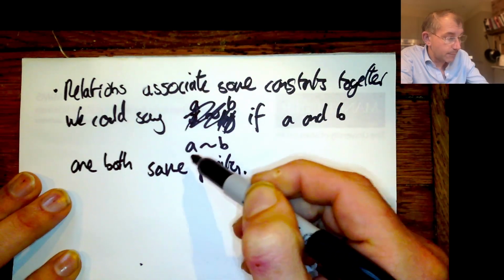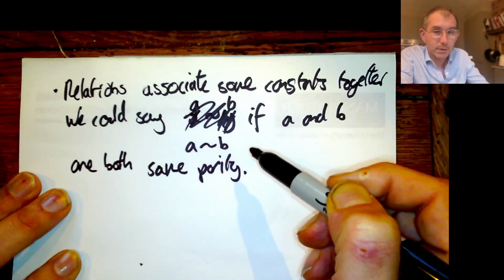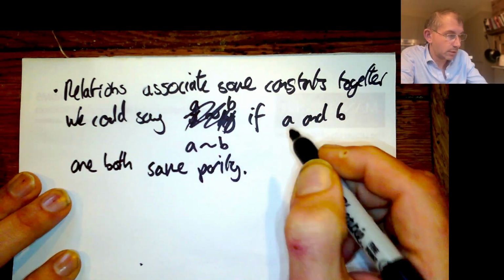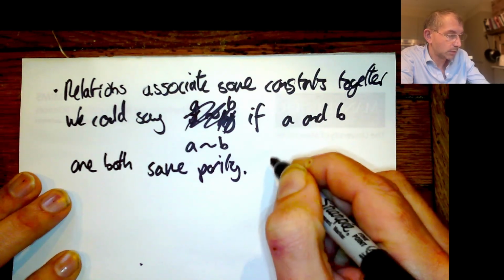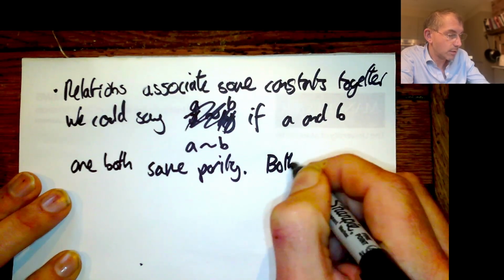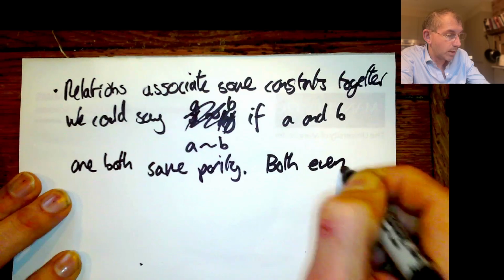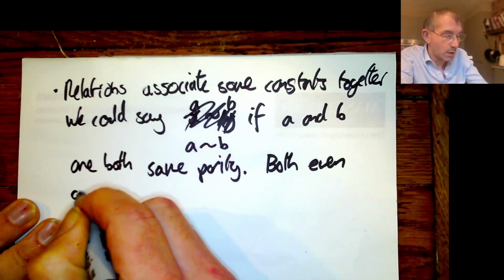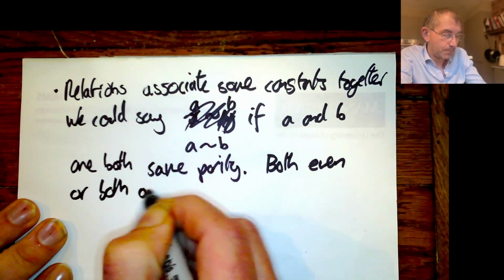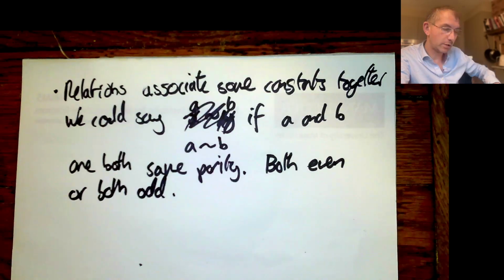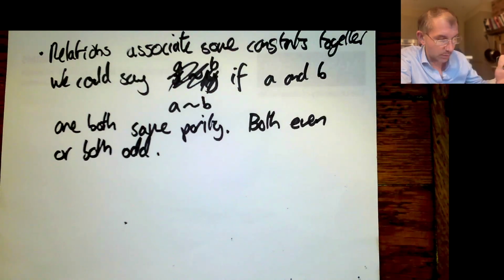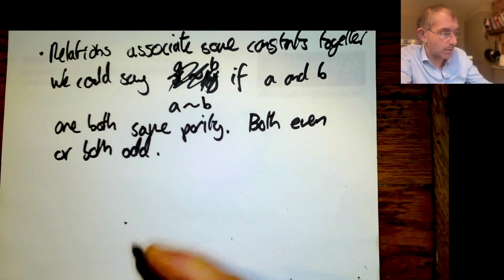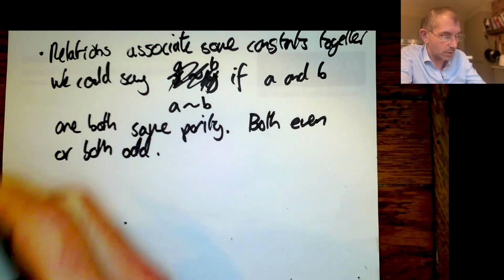So if they're both even, then they'll be related, and if they're both odd, then they'll be related. So both even or both odd. We don't do a lot of talking about relations just yet in the maths that we're doing, but it does come up a lot in future.